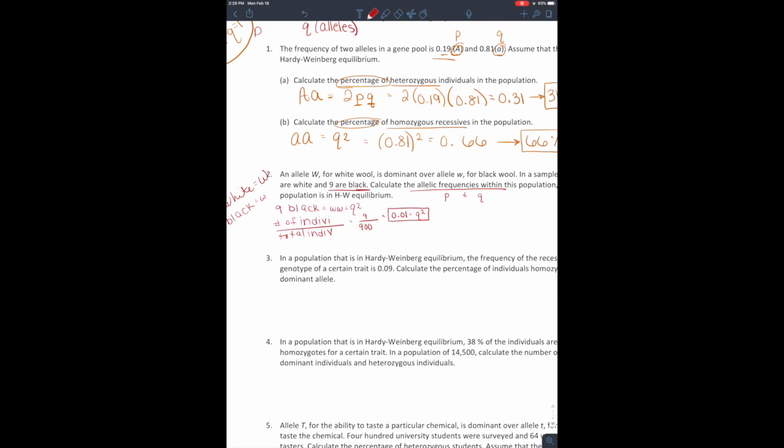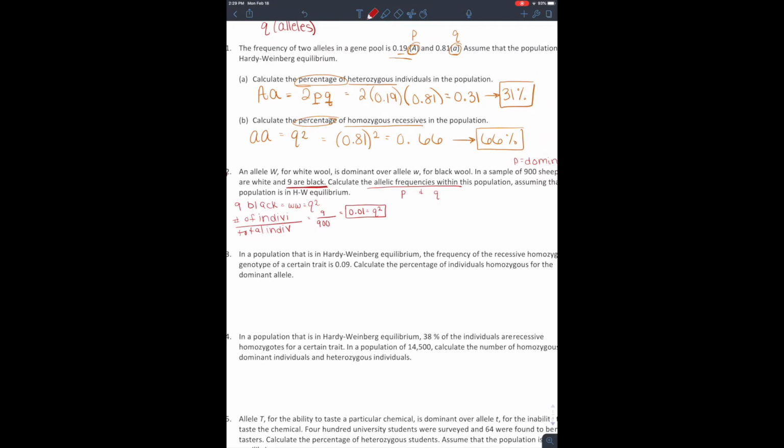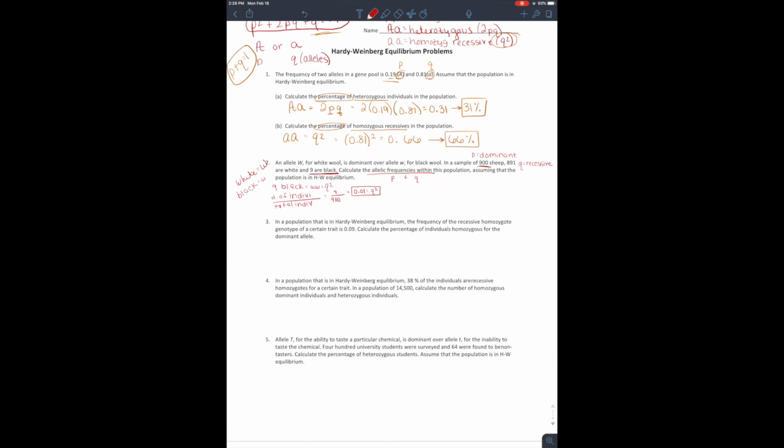Notice I'm not saying the frequency of the recessive allele. I'm saying the frequency of being homozygous recessive. So I had to get the number of homozygous recessive individuals, my 9 black sheep, and divide by the total number of sheep, 900, to get my q squared. Okay, so now I have q squared, and I can get some information off of that.